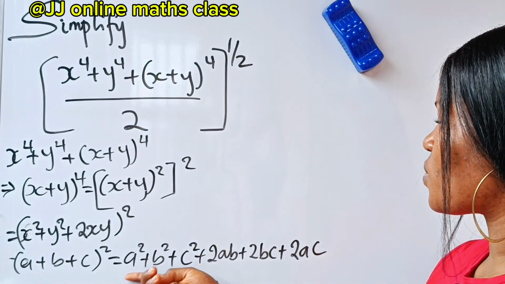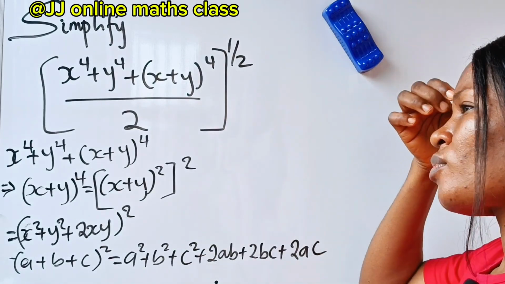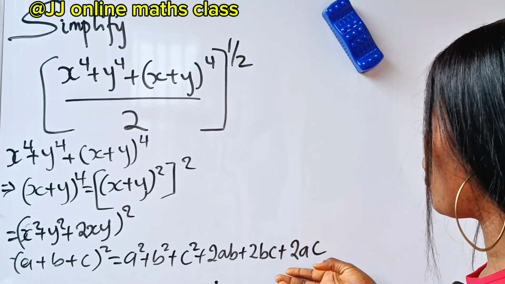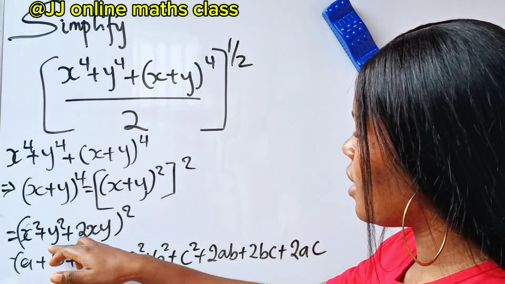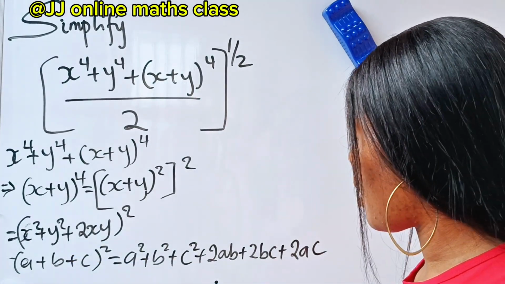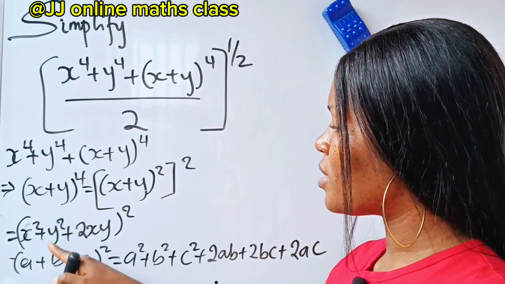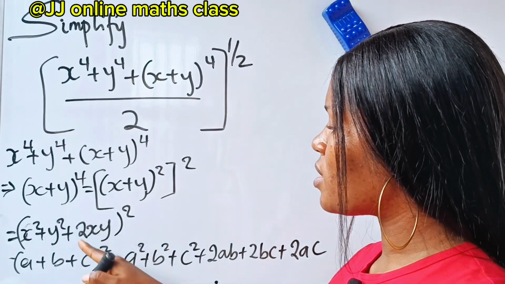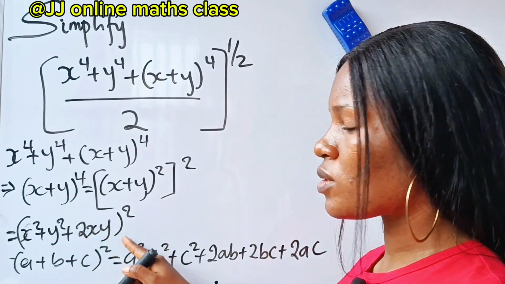Okay, so this is what? An identity. All right, now we are going to plug this into this particular equation, where our a is x squared, our b is y squared, and our c is 2xy.